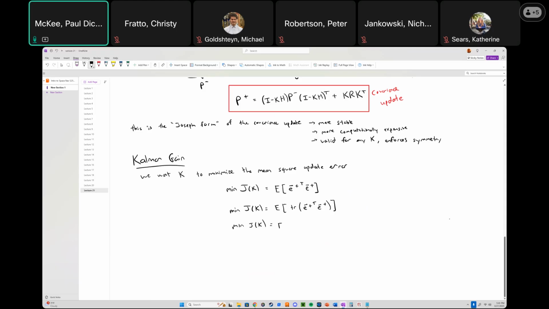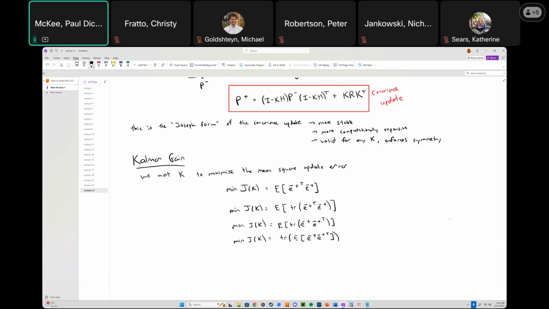So what I mean by that is we're allowed to make this move, E plus E plus transpose. Okay? And also, the trace and the expected value operators are linear. You can actually swap the order of those and get away with that too. So this is the same thing as the trace of the expected value of E plus E plus transpose. And maybe you see where we're going with this.